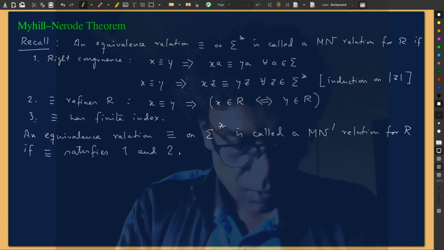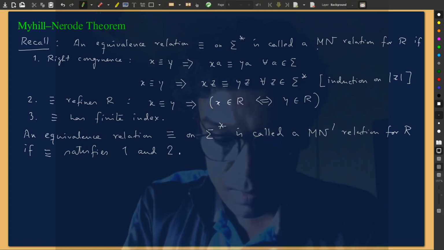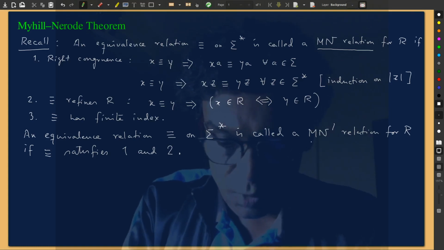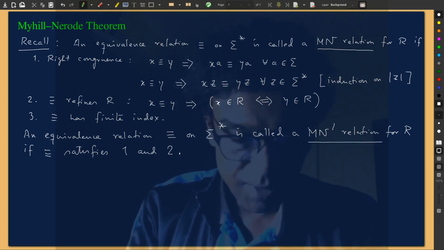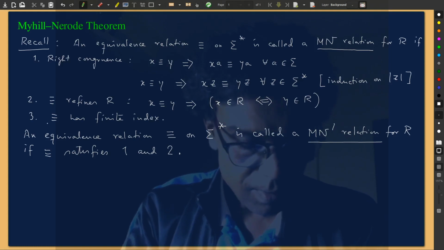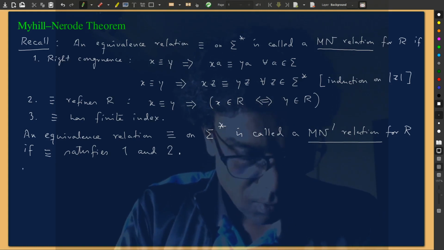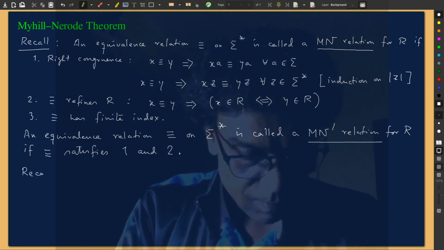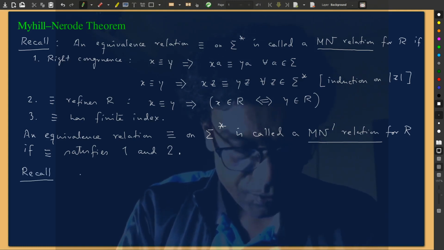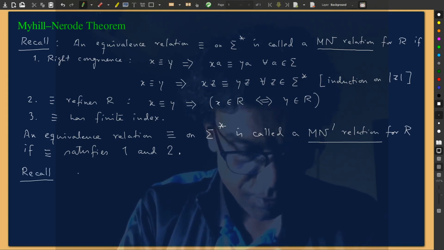So this is what I am going to use, Mn and Mn prime relation. The only difference is that I am not imposing the restriction of finite index on an Mn prime relation. And we will see this still makes enough sense. You also recall that we have a couple of constructions.